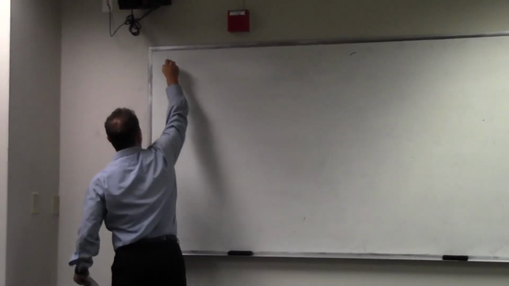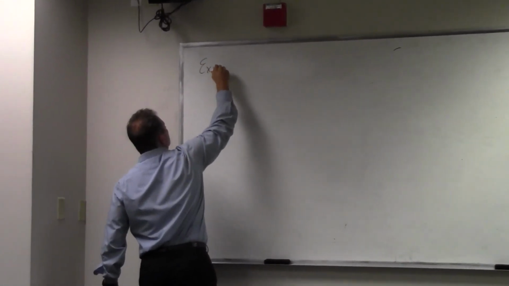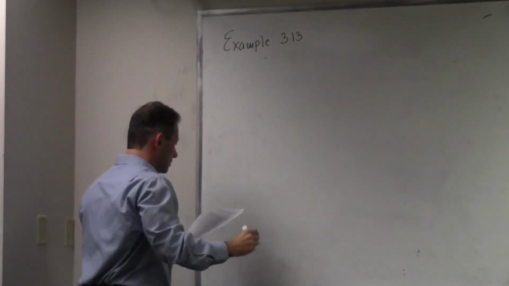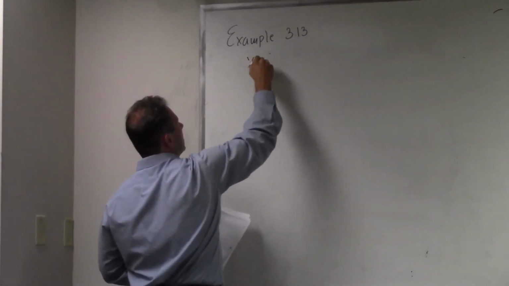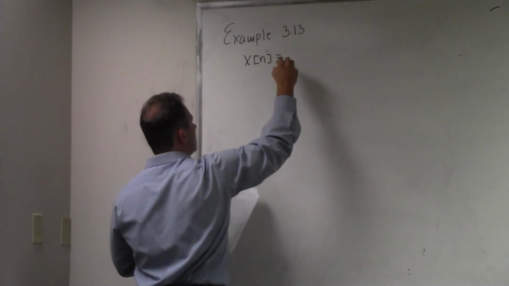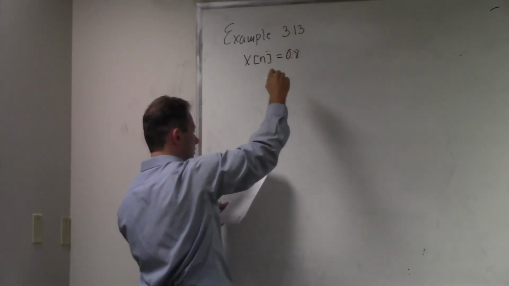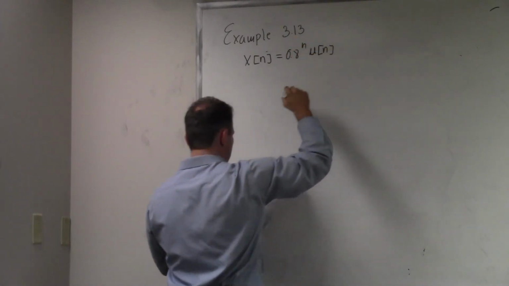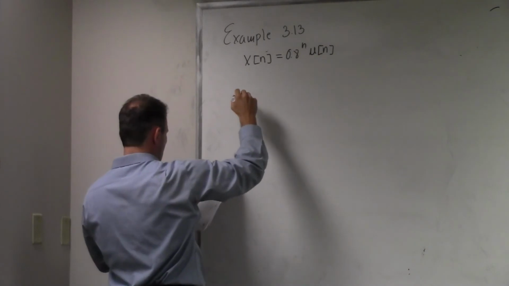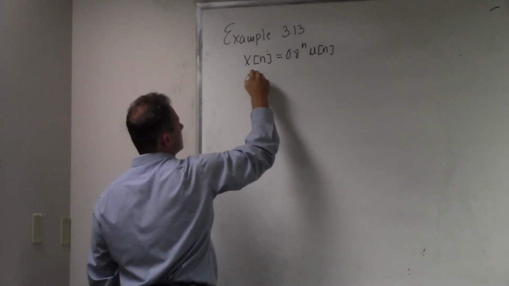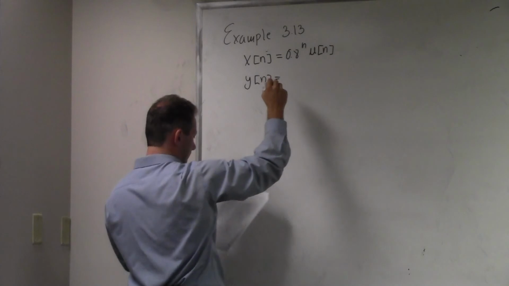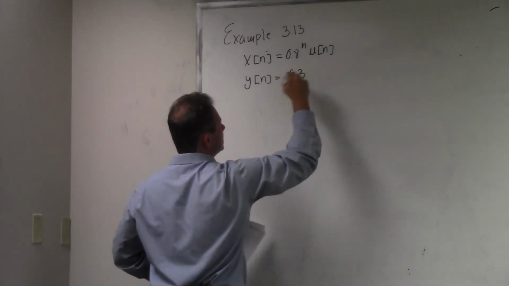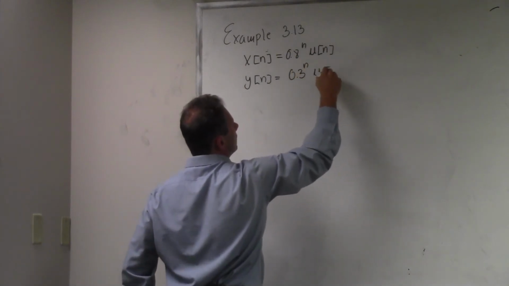So this is example 3.13. I have my input signal x of n equal to 0.8 to the n u of n, and then my second signal y of n is equal to 0.3 to the n u of n.